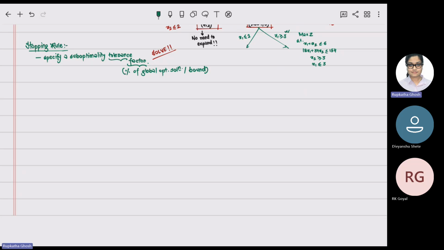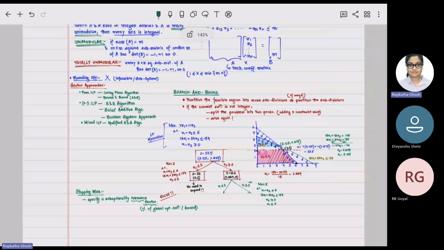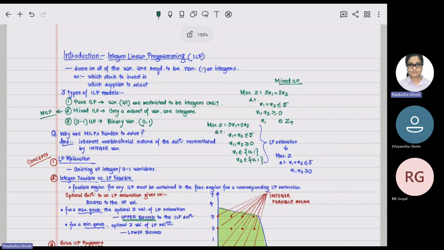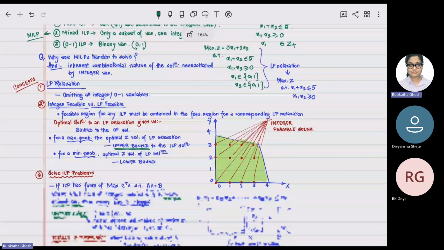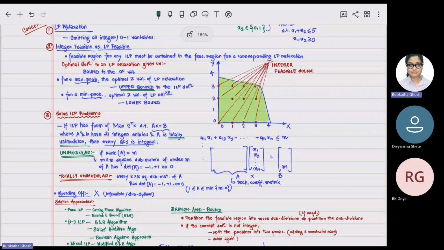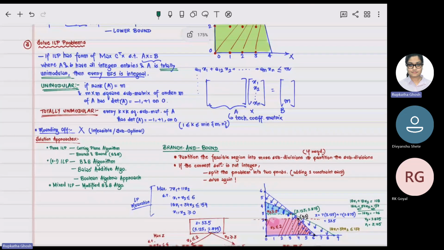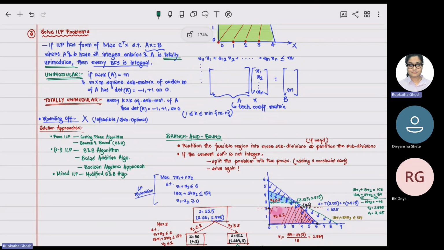So I guess that's what I wanted to discuss with you today as of now. We basically discussed what is an ILP, three types of ILP models, how do you do LP relaxation, what is the difference between integer feasible versus LP feasible, when will you get an ILP solution even if you solve it using a traditional LP method?